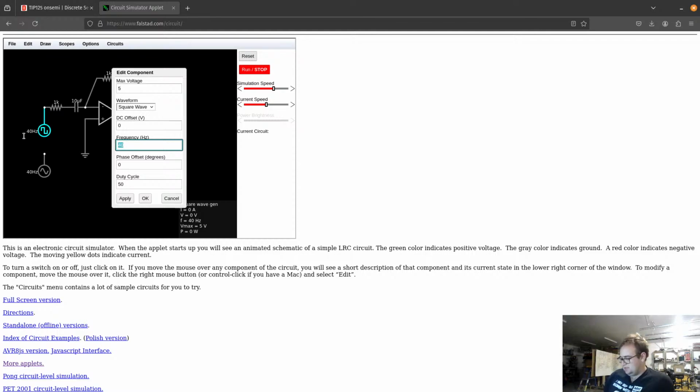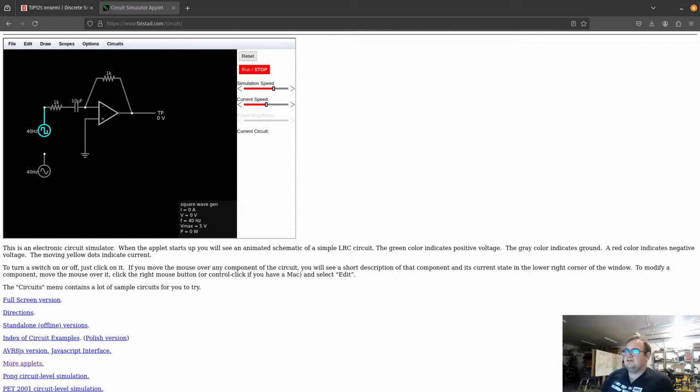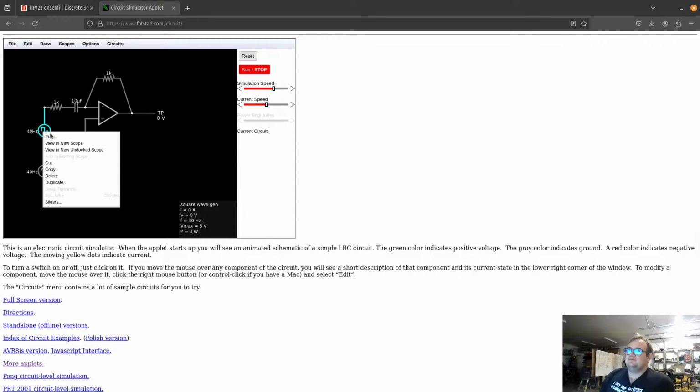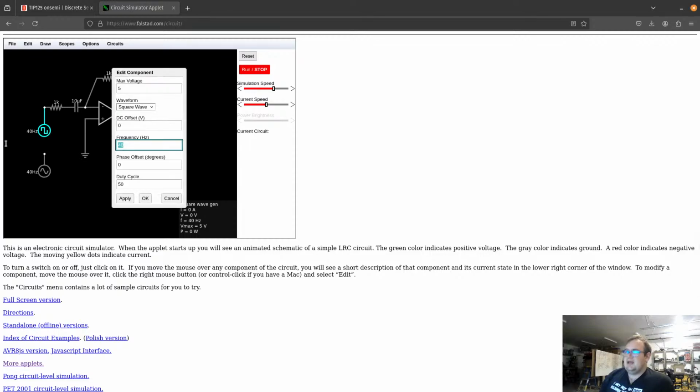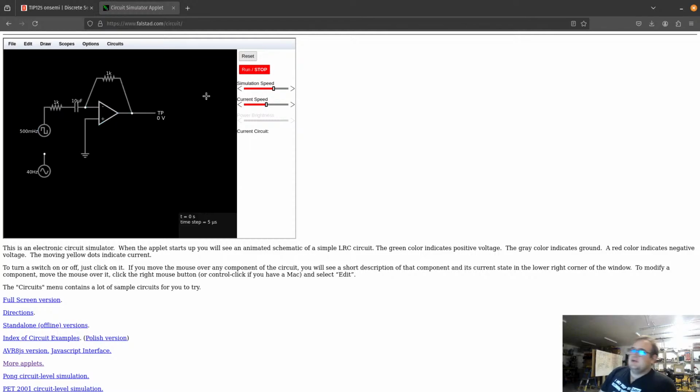I'm going to put it to a half a hertz. Maybe it doesn't like half a hertz. I go apply. Okay, good. Okay. So now when this applies, I guess it's at 5 volts there.